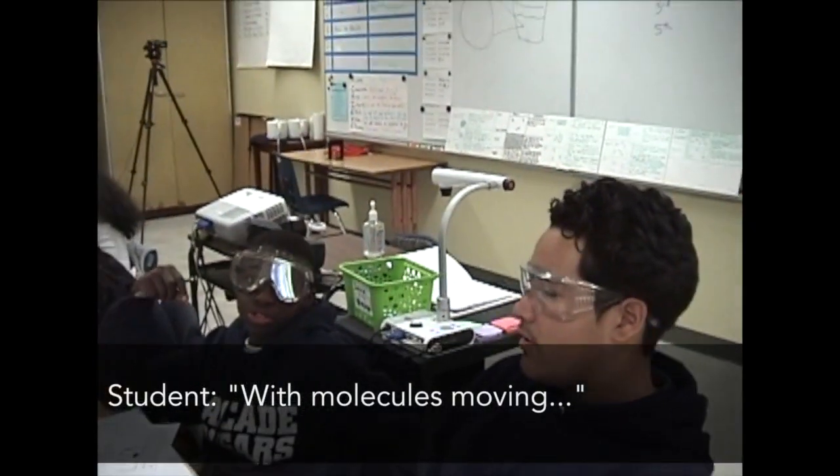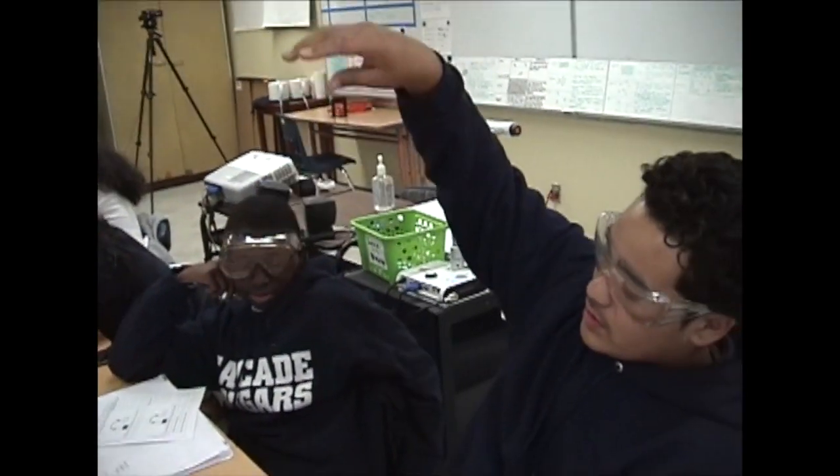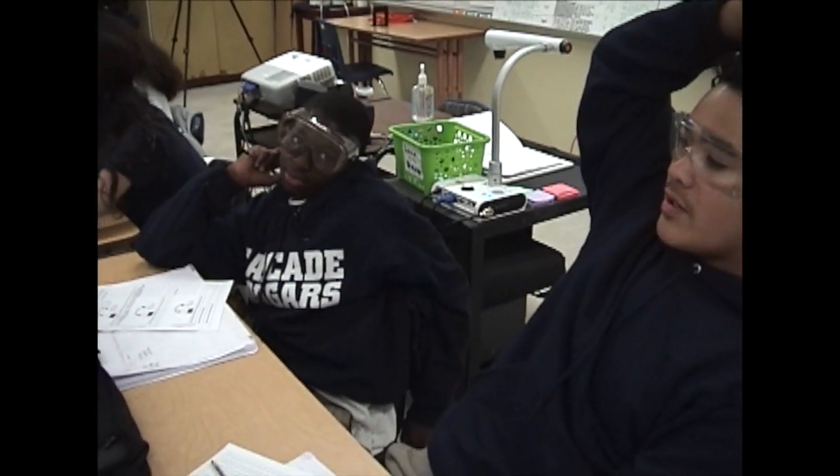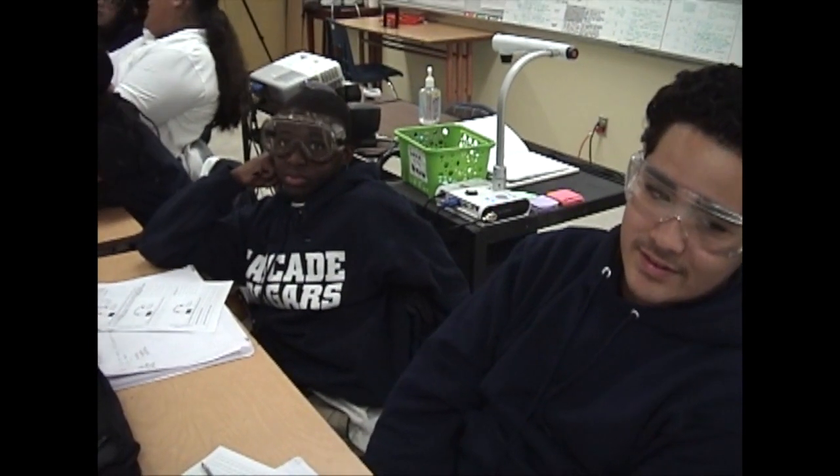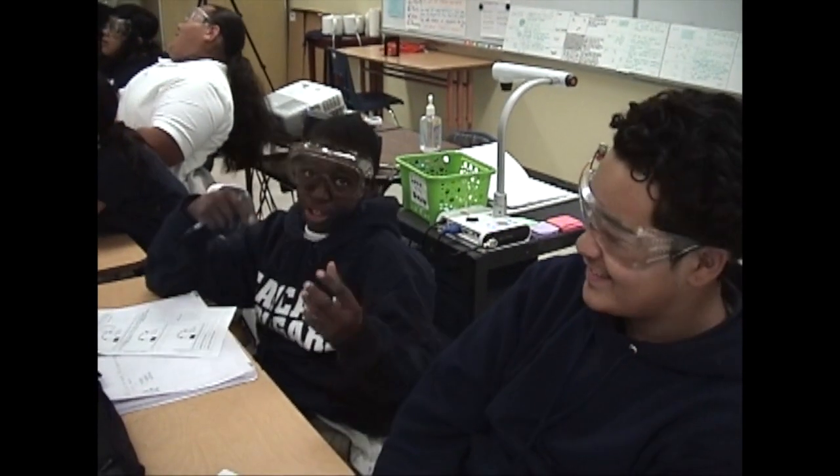There's so much air that the molecules start packing up in the bottle. So there's so much pressure in the bottle because of the air that the air pushes the top off.